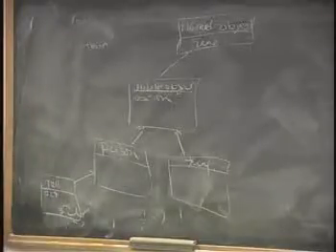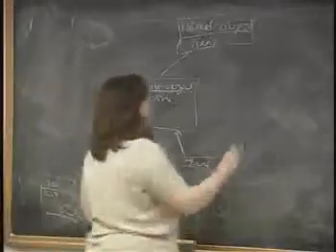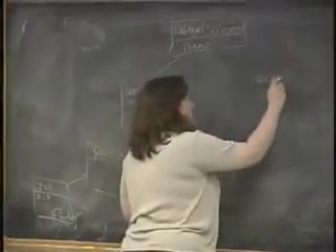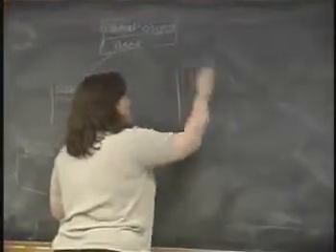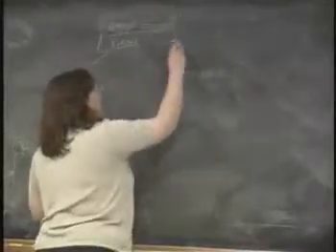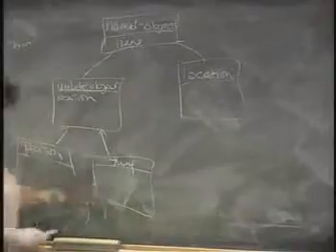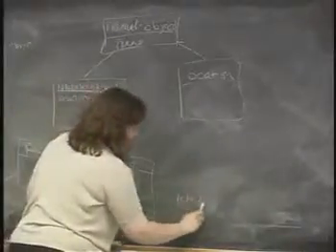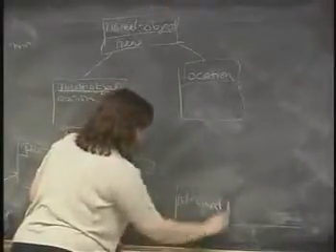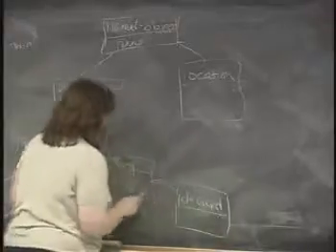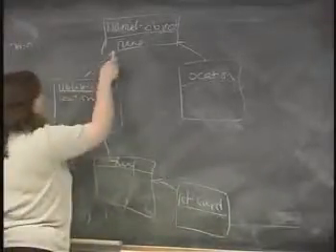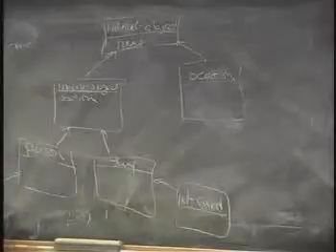Poor Holly. And then we also had locations, which were named objects. And then we had ID cards, which were things. Okay, so that's the inheritance diagram for our system that we had.